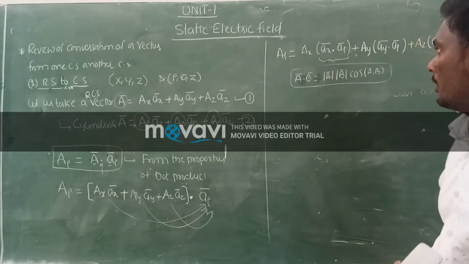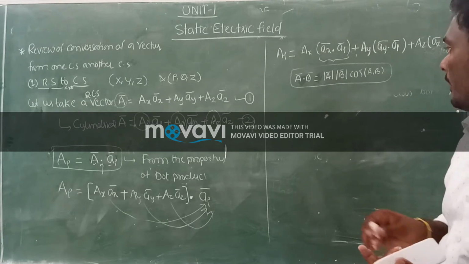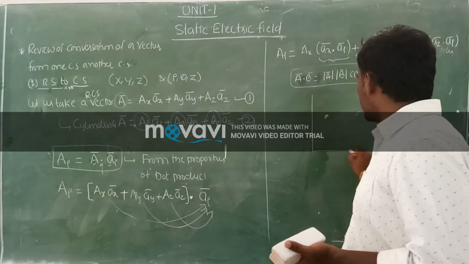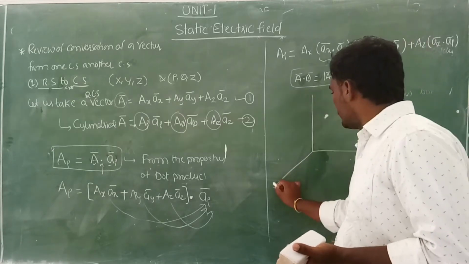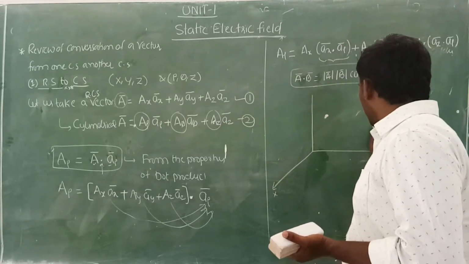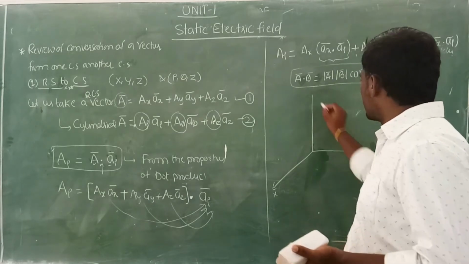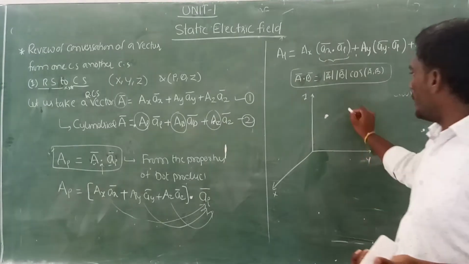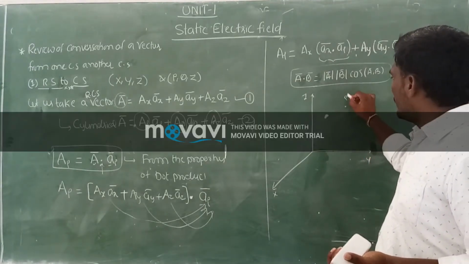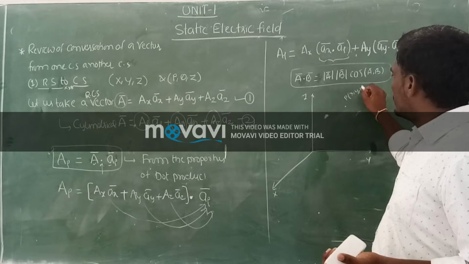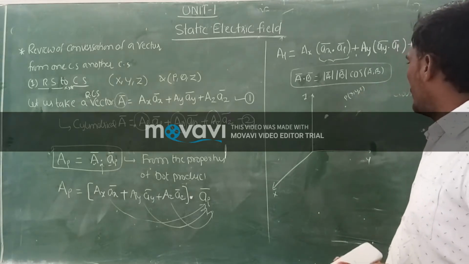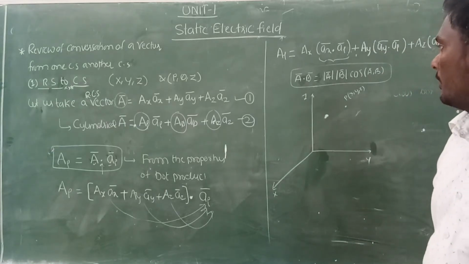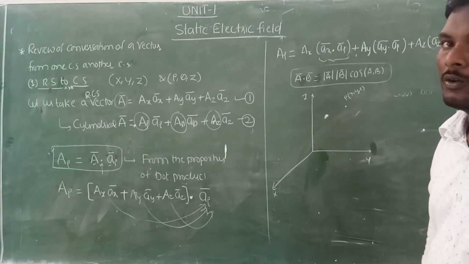So to get the angle, just take the x, y, z axes: the x axis, y axis and z axis. Represent a point P of x, y, z in the system. Now represent the same point in the cylindrical coordinate system.